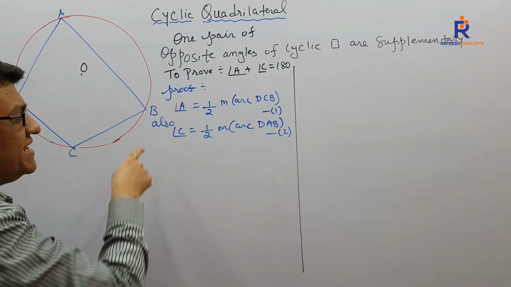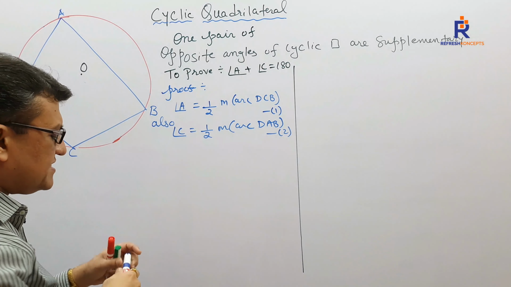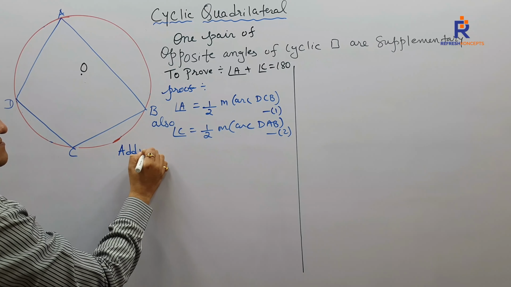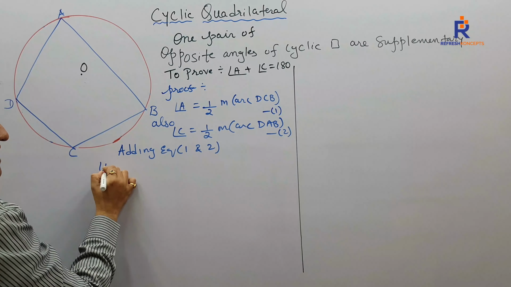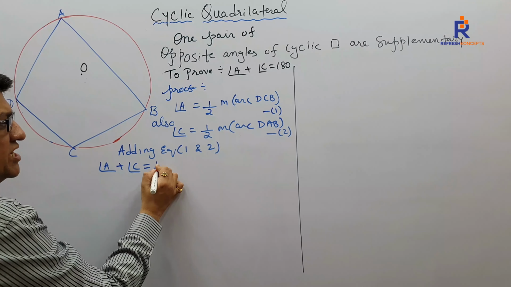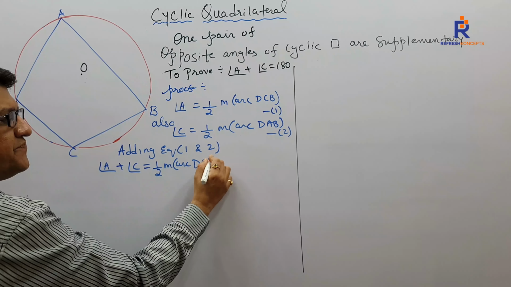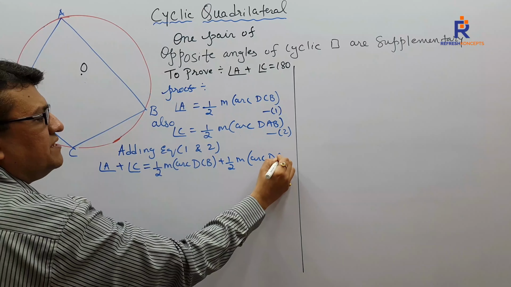Because then and only then will I get A plus C. So adding equations 1 and 2, on my LHS I'll get angle A plus angle C. On my RHS, I shall get half measure arc DCB plus half measure arc DAB.